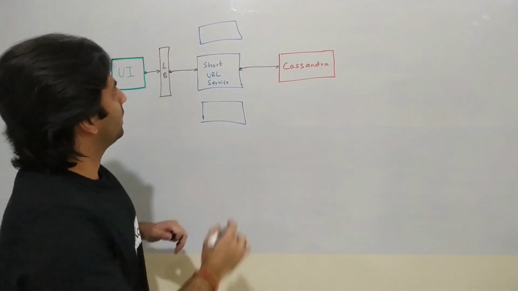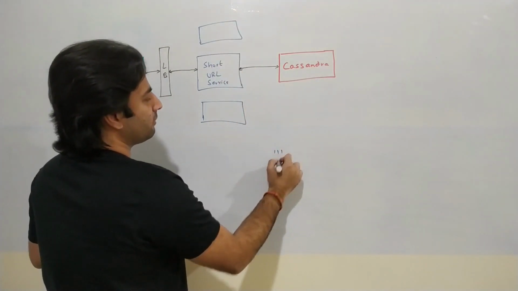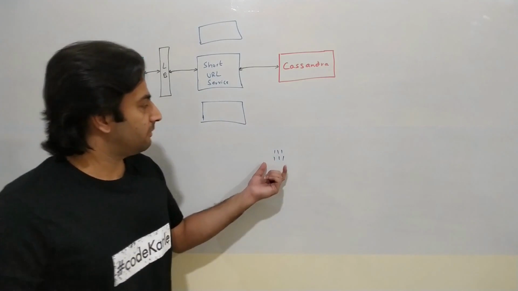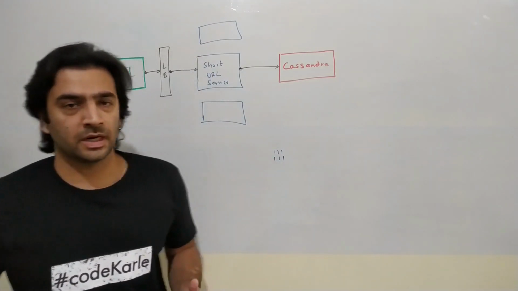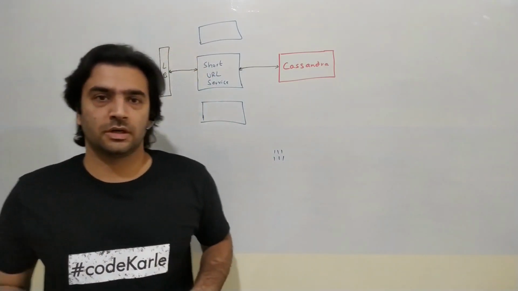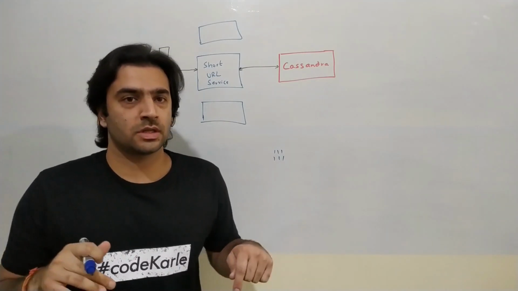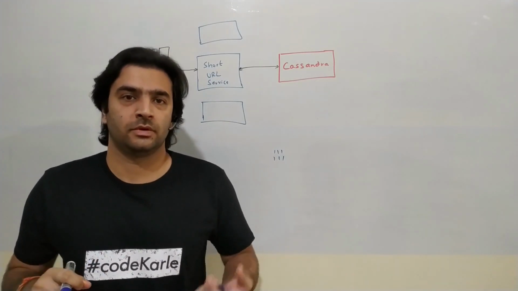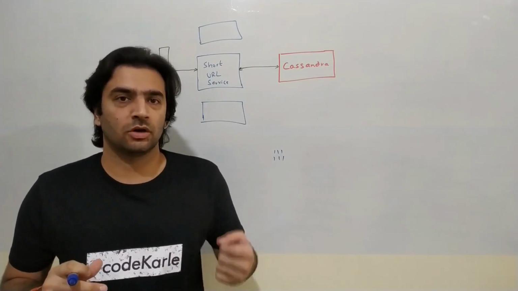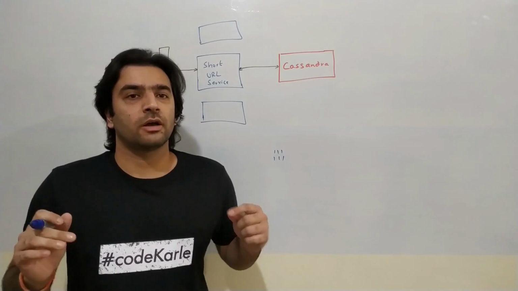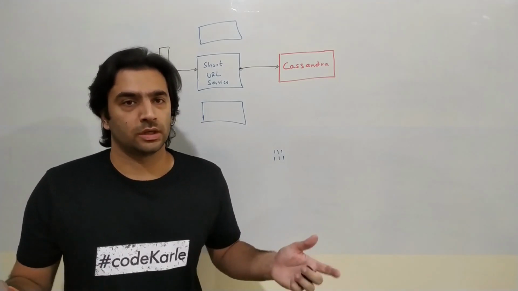This service could generate a number 111, and this service could also generate a number 111, and then we'll end up with a collision. If two services generate the same short URL for two requests, then we have a problem. In technical terms it's called a collision, but for us it's a problem because we cannot have one short URL pointing to two long URLs.